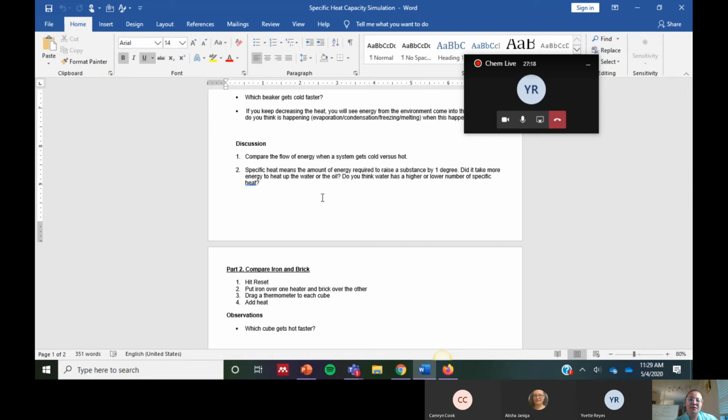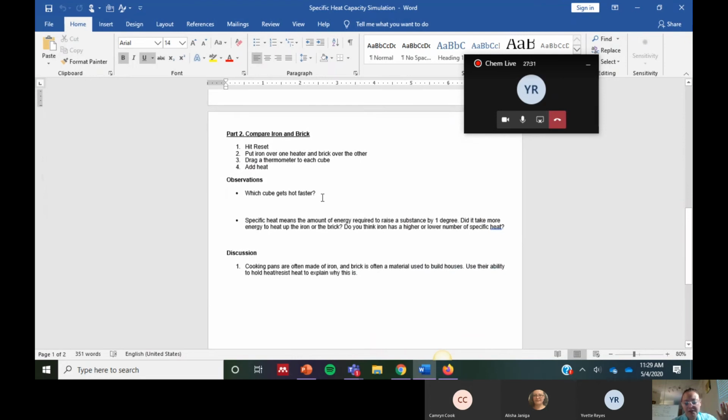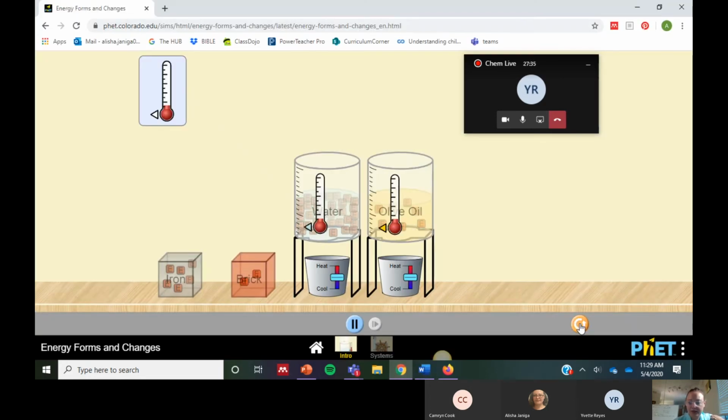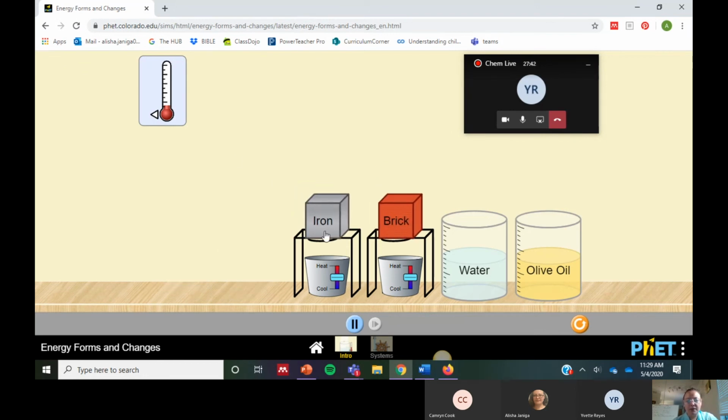It has a high specific heat number. If the temperature changes really easily, it has a low specific heat number. And then we should see this same idea with the brick and the iron.